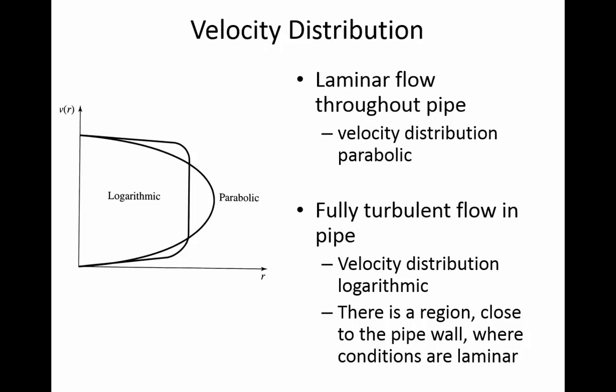Velocity distribution is what arises when different areas of the flow field are different distances away from the surface that's imparting the resistance. What's on the screen here is a circular pipe being represented both with turbulent flow and laminar flow. Here's one edge of the pipe, and here's the top of the pipe.